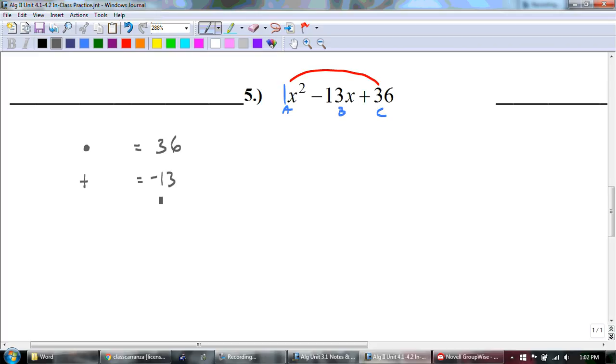Okay, so once again, if you don't know, write out all the factors. 1 and 36, 2 and 18, 3 and 12, 4 and 9, 6 and 6. So out of those groups, how do I multiply to get to 36 and add to get to -13?